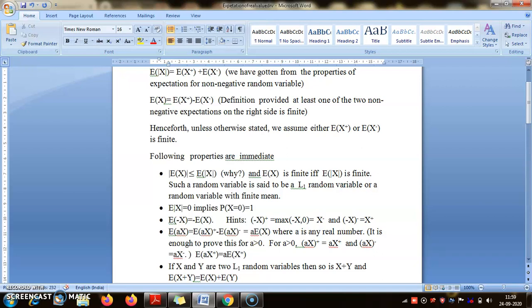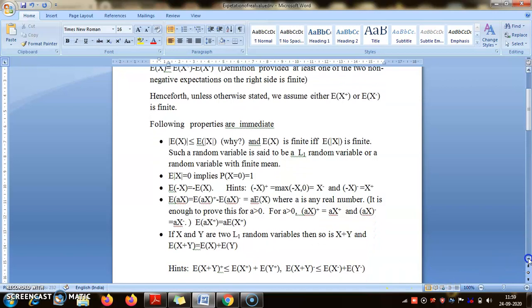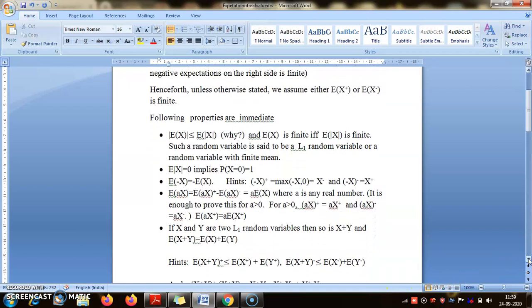Now coming to the last property, that is very important. Of course, all the properties till now are important: that if x and y are two L1 random variables. By the way, what do I mean by an L1 random variable?